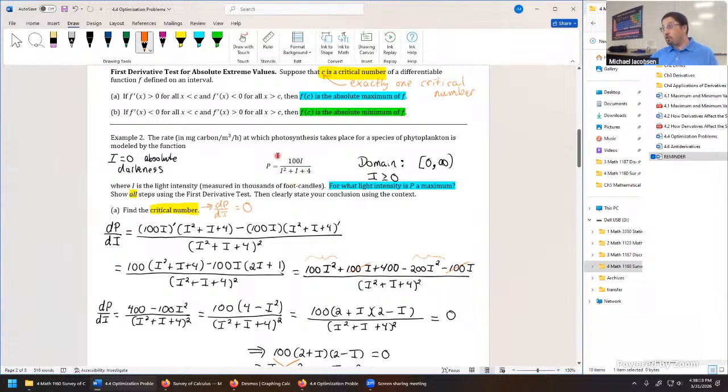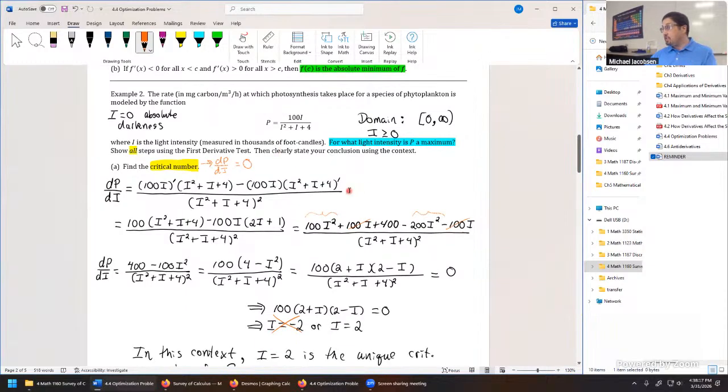This one took a good amount of work because this one is implying the quotient rule. So this line sets up the quotient rule. The derivative of 100I gave us just 100. And the derivative of this quadratic gave us a 2I from this term, a 1 from that term, and 0 from that since it was constant.